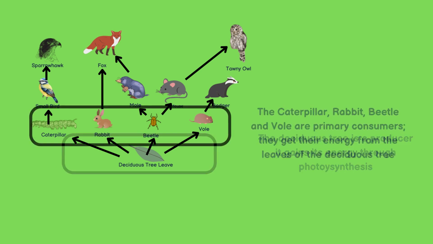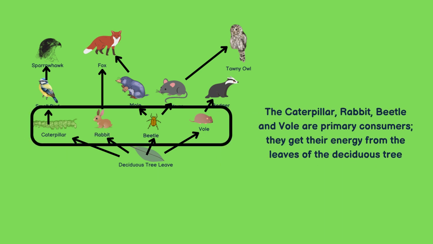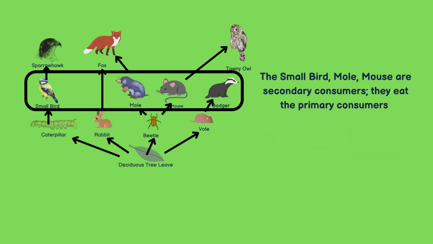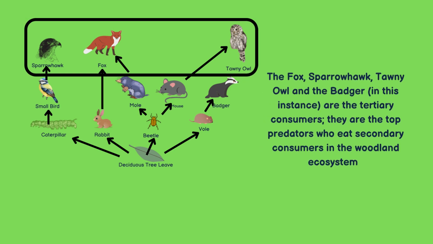As we see, the bottom layer of the food chain are the primary consumers. They gain their energy from eating the producers. The layer above this contain the secondary consumers. They eat the primary consumers. The top layer consists of the top tertiary consumers who eat the layer below them.